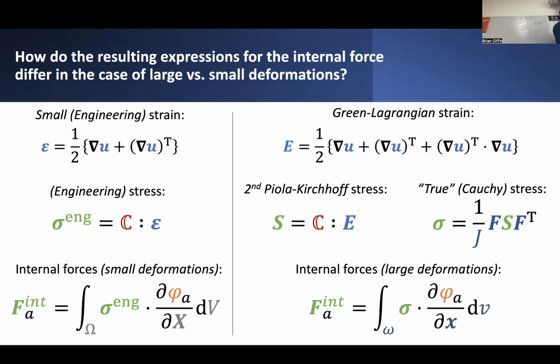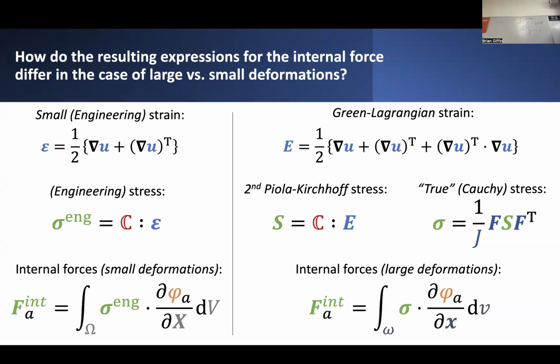But the key thing that's different is this description of stress is totally different. It depends directly on the small strain measure, whereas this description of stress, the true stress, has a bunch of extra manipulations we have to go through to get it. So that's point number one, the point of difference.